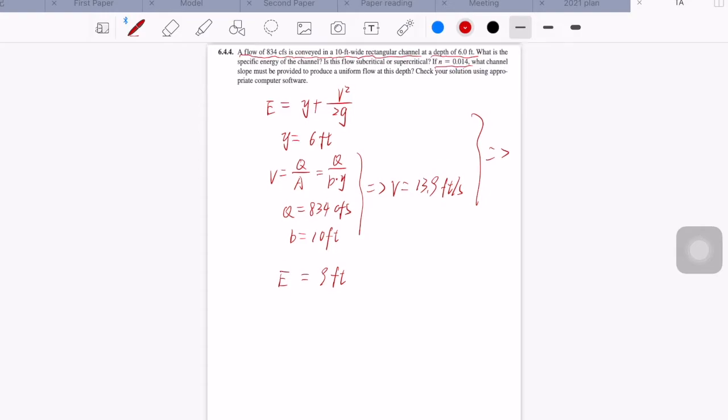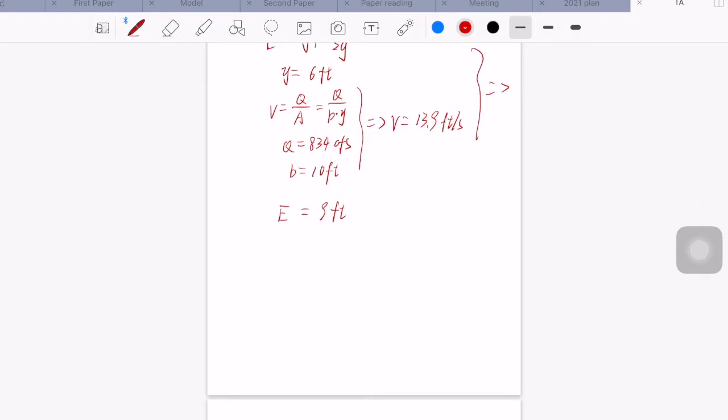And then we use the flow number to determine the flow classification. We know the flow number NF equals V divided by the square root of g times D. We know V equals 13.9 feet per second, which we calculated before.